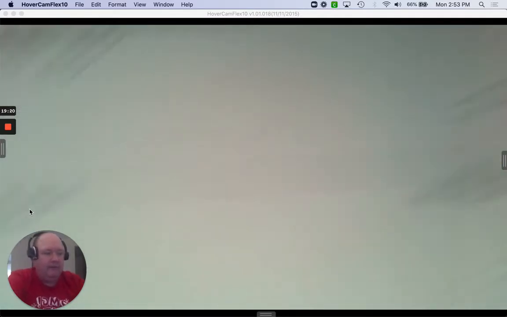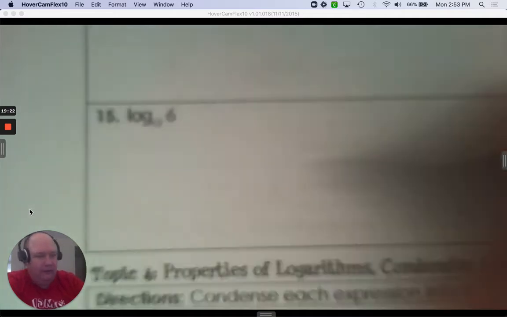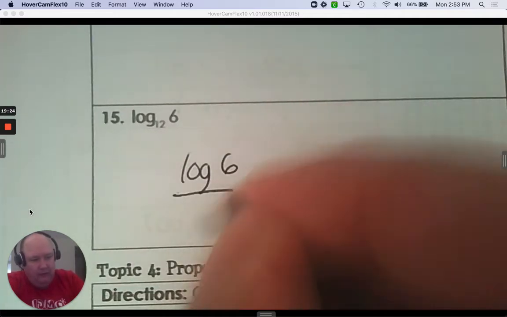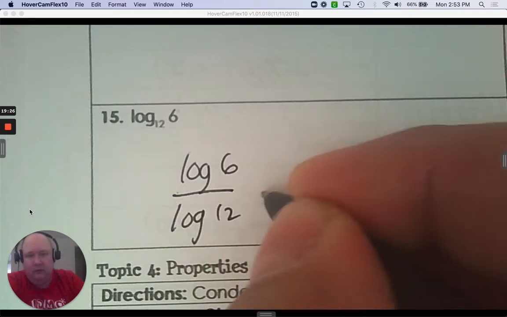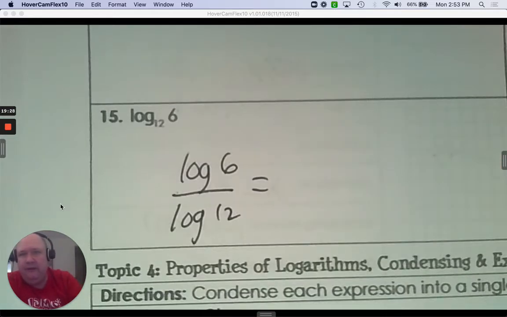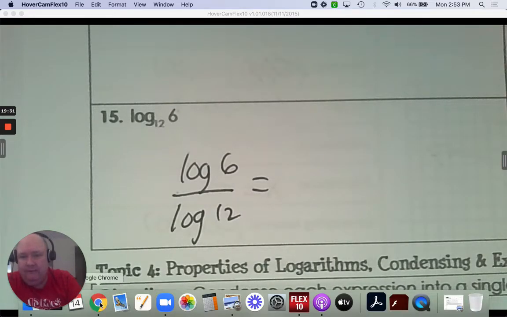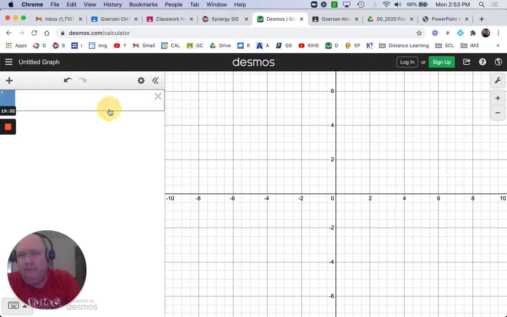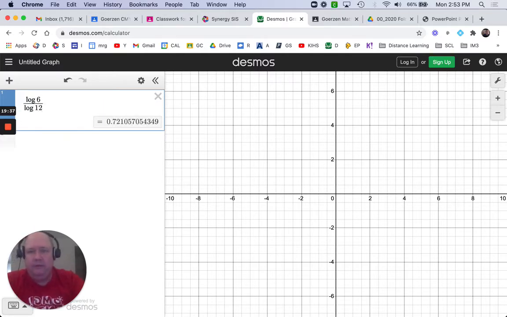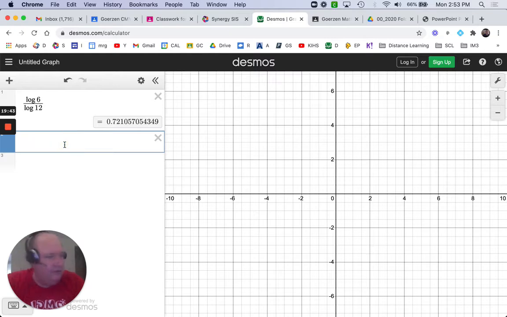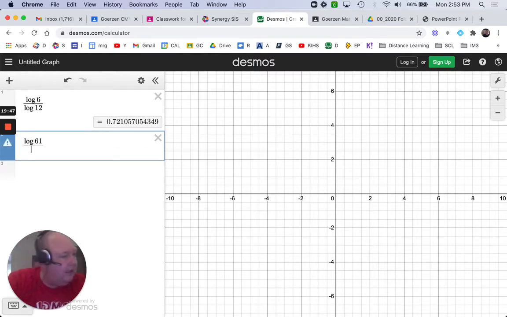For number 15 and 16, you need Desmos. So to type it into Desmos, it would be log 6 divided by log 12. That's changing the base. This is what it would look like. So it would be 0.721. Number 16, since I'm here, log 61 divided by log 8, I think.